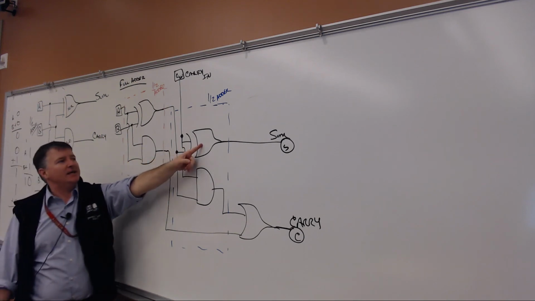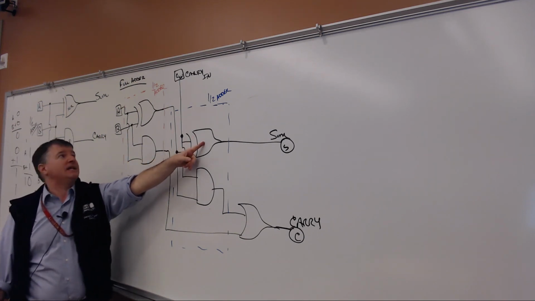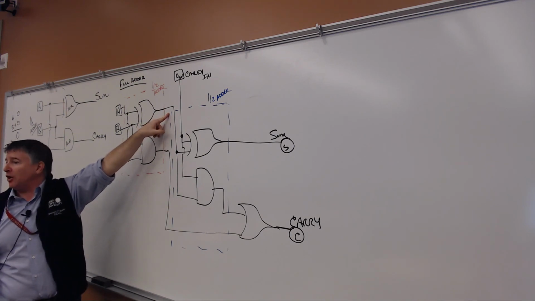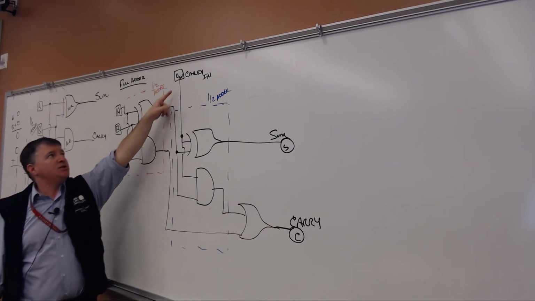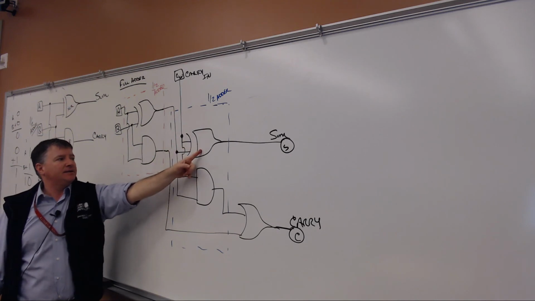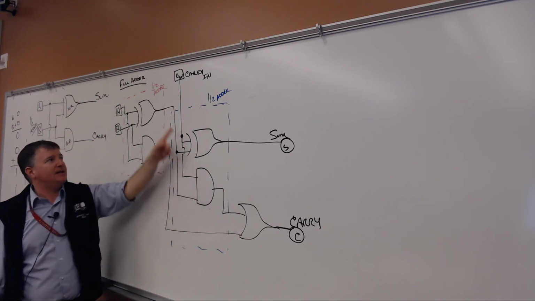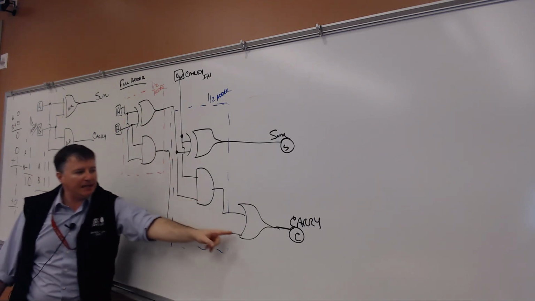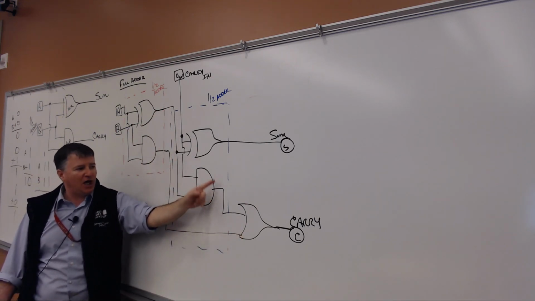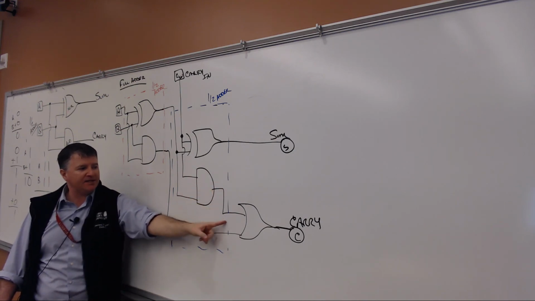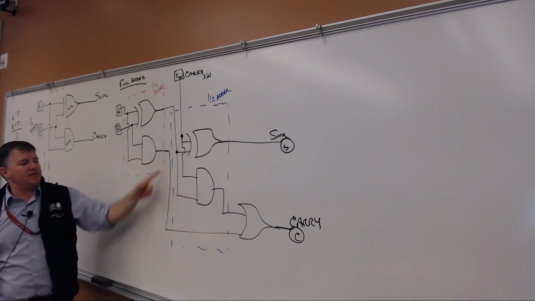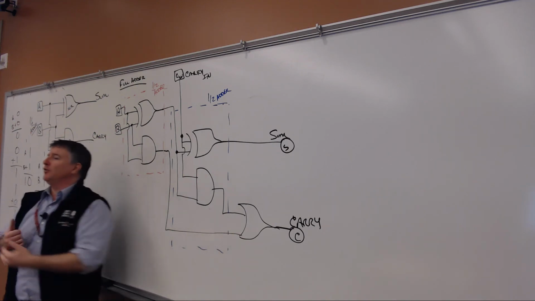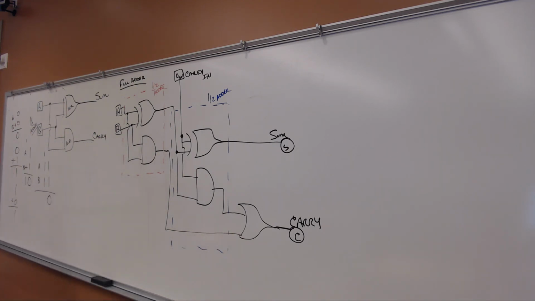When I get to here, I'm exclusive ORing the output of this exclusive OR, a column that already exists, with this carry in. And then the same thing down here, the output here and the carry in here. And then I'm going to OR the column that represents the output of this and the column that represents the output of this. That's going to tell me my overall state of everything.